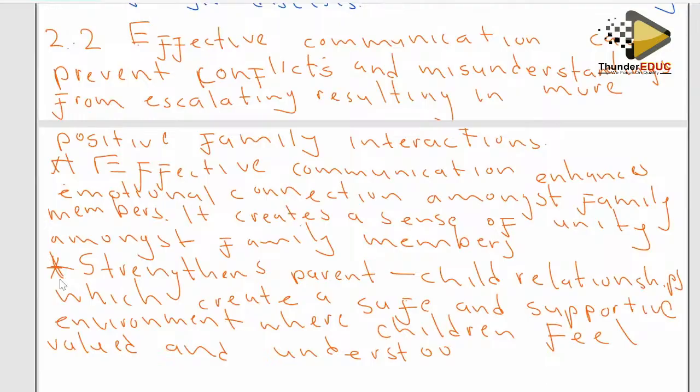So it creates a safe and supportive environment where children feel valued and understood. So those are the points which you can include for 2.2, the effects of effective communication in strengthening family relationships.